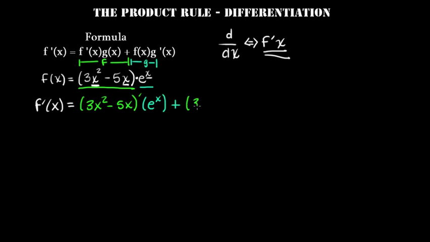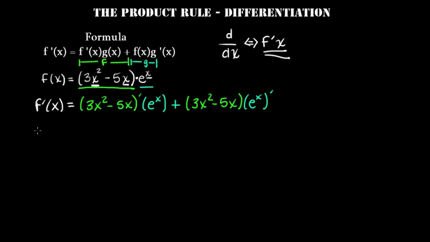This stays the same, 3x squared minus 5x. And now this is being multiplied by g prime. So our g is e to the x, primed. One key to know that you're doing this right is your end terms will both have your prime notation. So that's kind of an easy way to remember it.